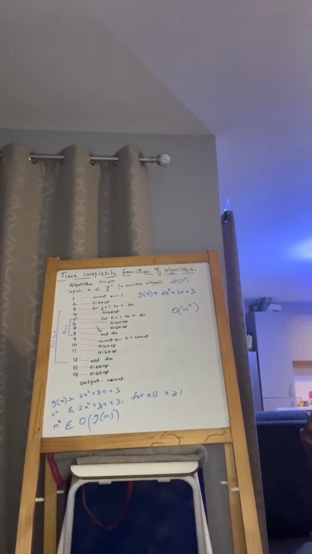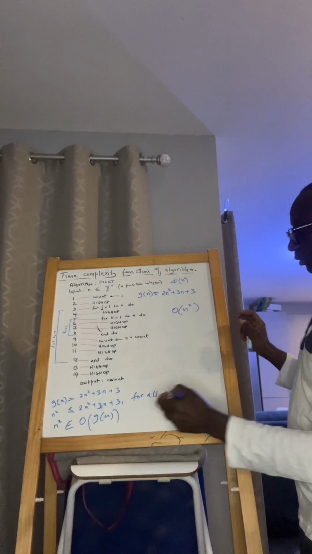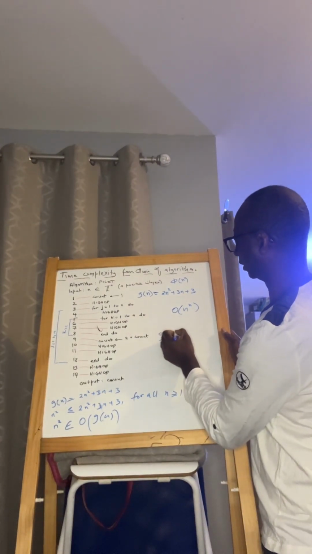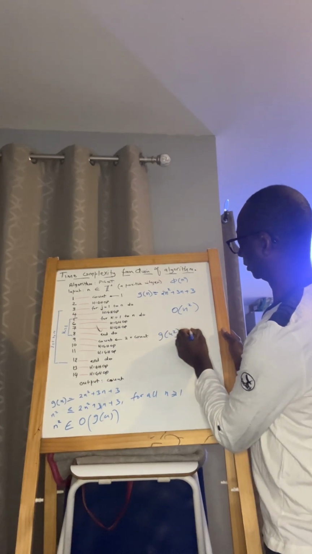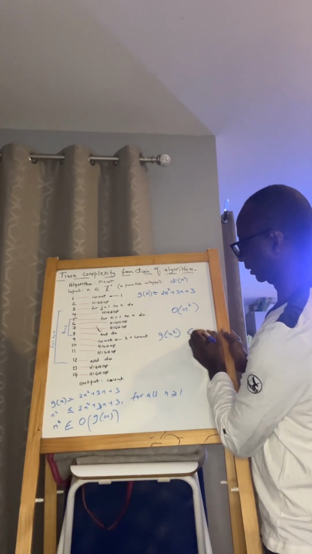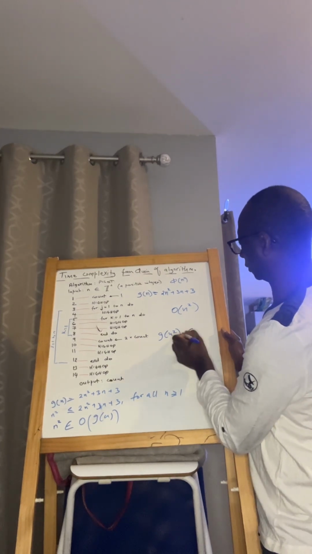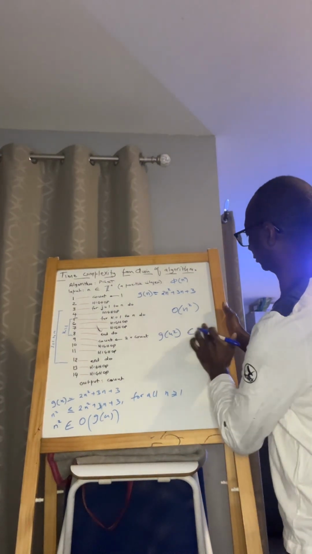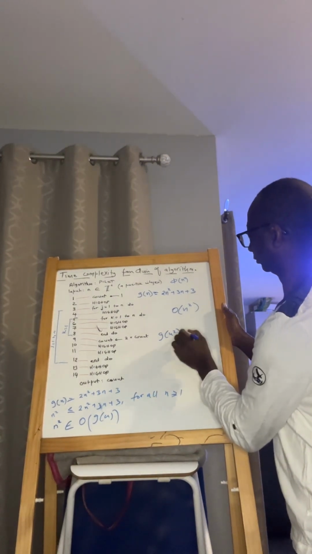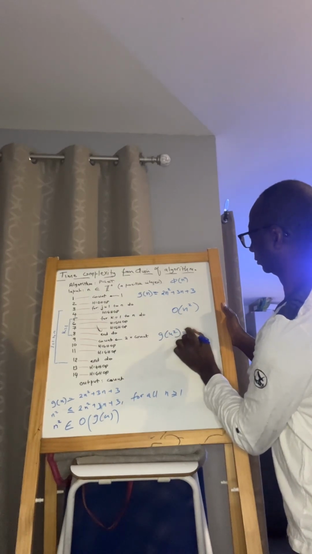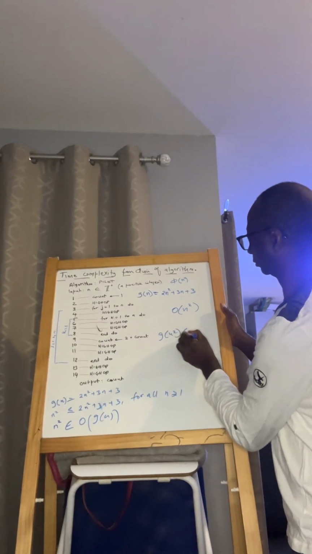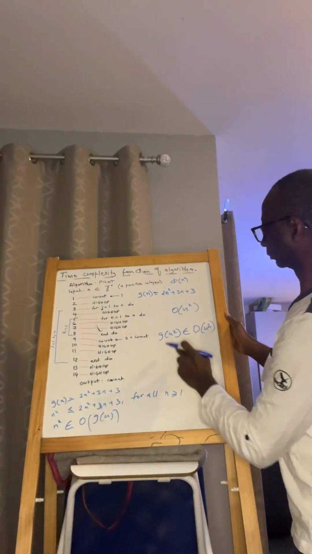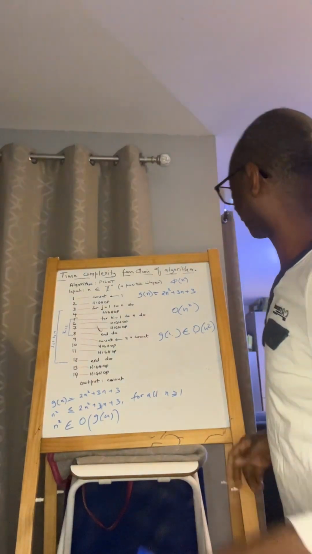Now we need to prove the next part. That is, g of n must be in O of n squared. Let me write it properly.